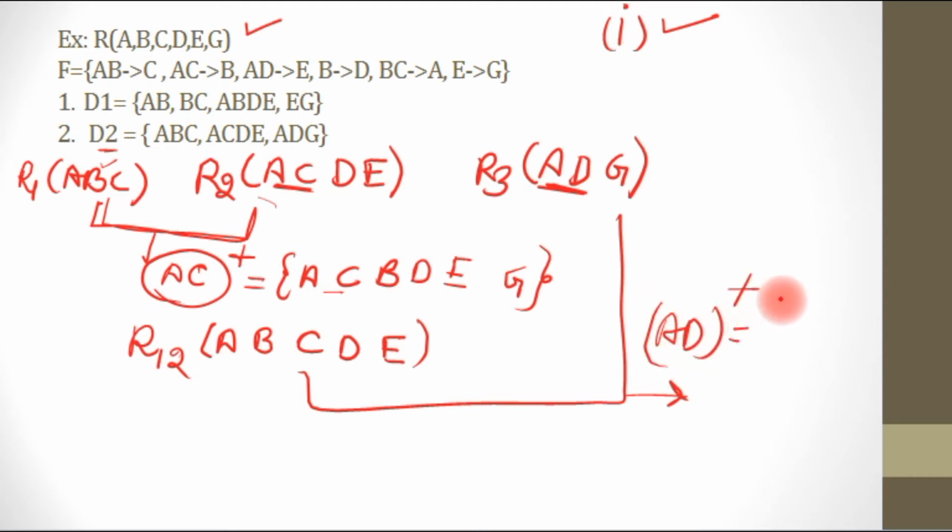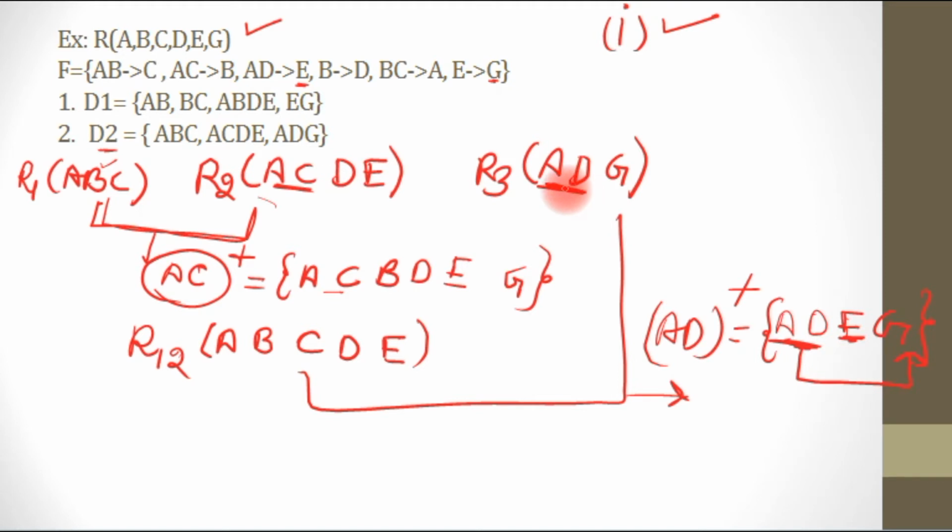And the attribute closure of AD is A, D, it determines E. Okay, A, D, E. And now see here, AD determines E and E determines G. Okay, that's it. So can you see here, AD determines G.